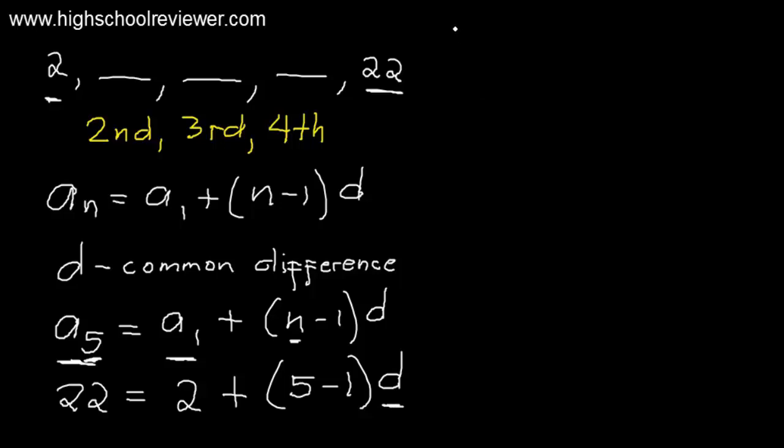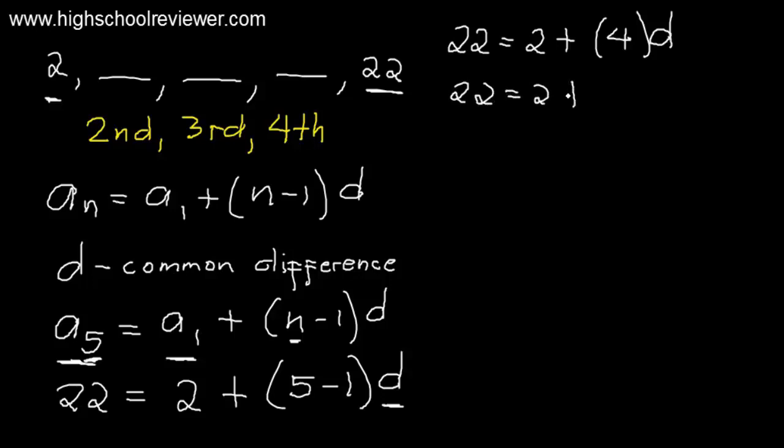Continuing, we will have 22 is equal to 2 plus 5 minus 1, that is 4, multiplied by d. So we have here 22 is equal to 2 plus 4d. Okay, so we can try to rearrange the equation. We will make this 2 plus 4d equals 22.